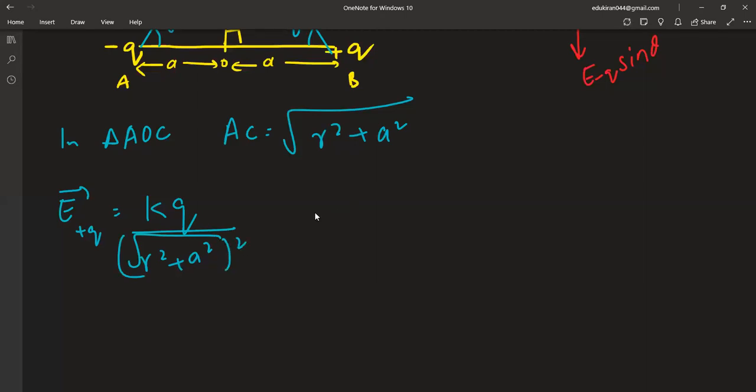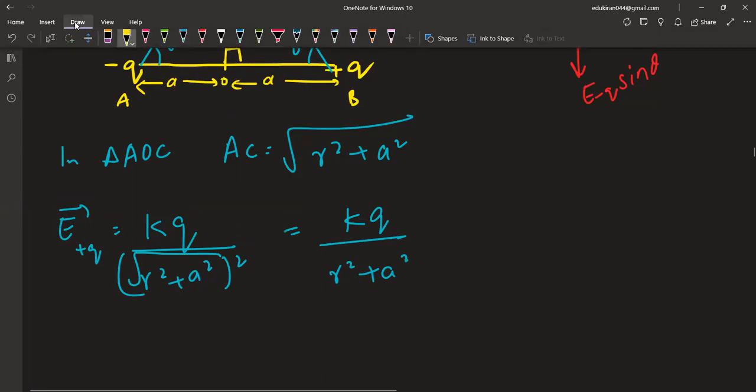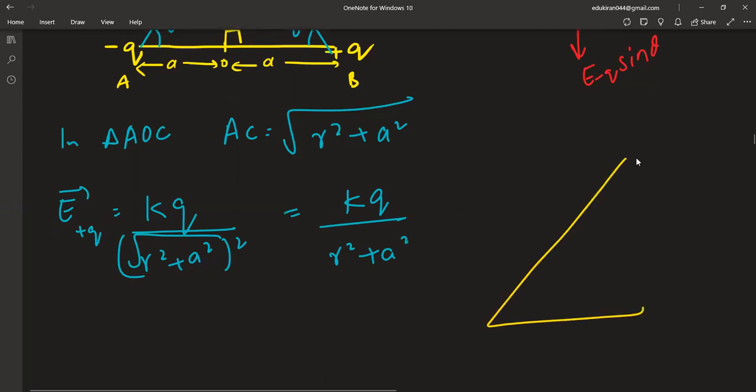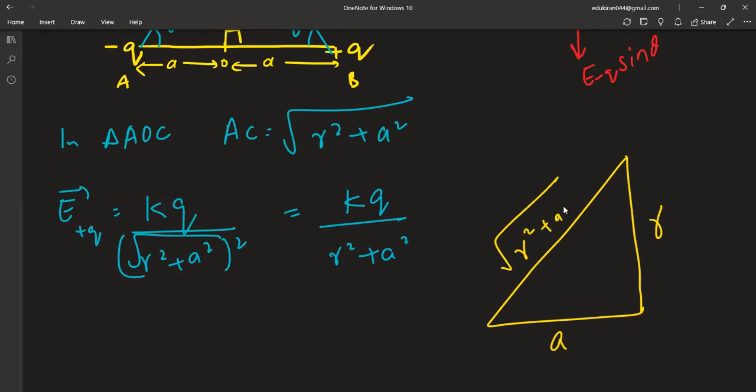So the square and the root will be cancelled. That becomes KQ by R square plus A square. That is E plus Q, and similarly that is E minus Q as well. Now the net electric field, if we calculate along the x-axis, did you understand how to find this? This was our triangle. This was A. So this became under root R square plus A square.